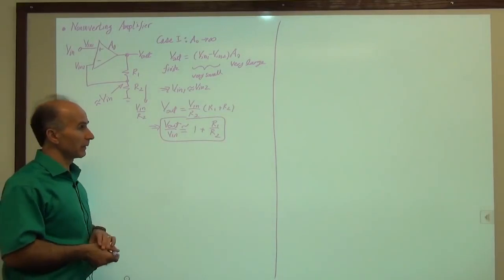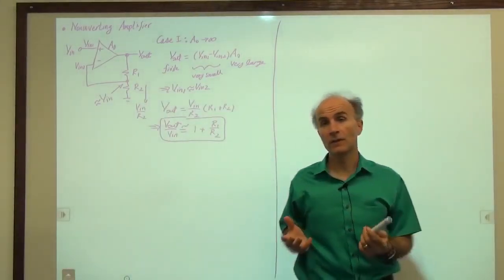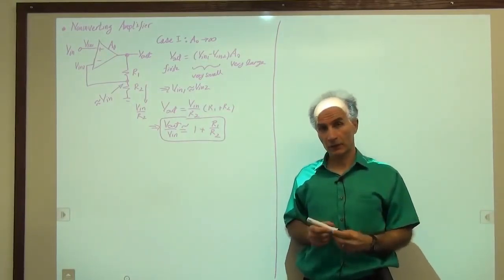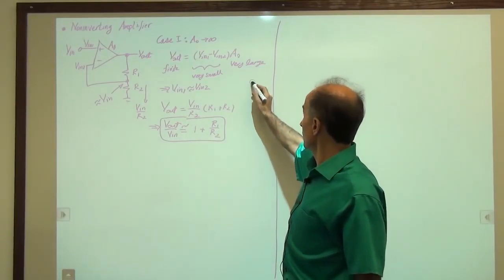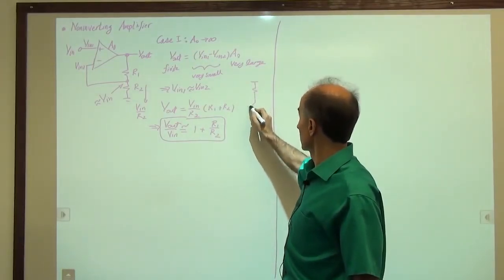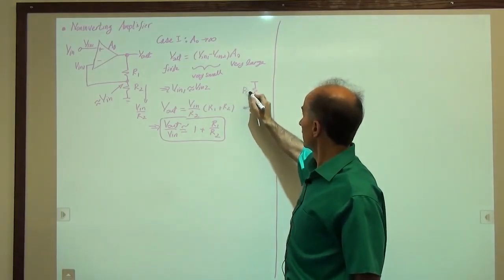So this has many interesting design consequences for us. It has some advantages over simple amplifiers that we learned to build before. For example, if I have a common source or common emitter amplifier, so here's a common emitter amplifier, we have RC here.